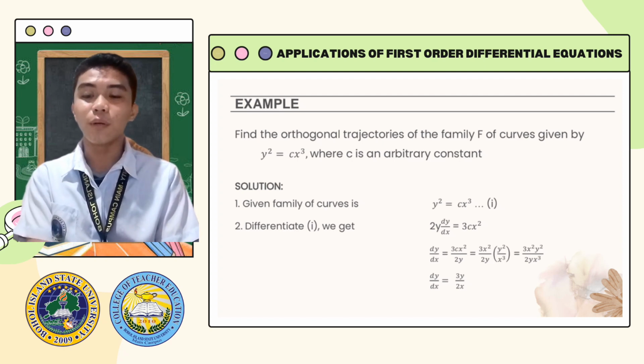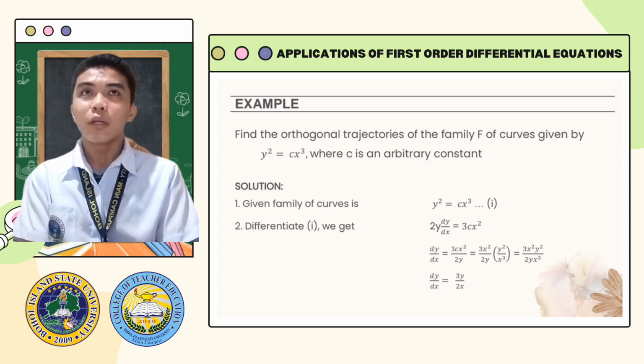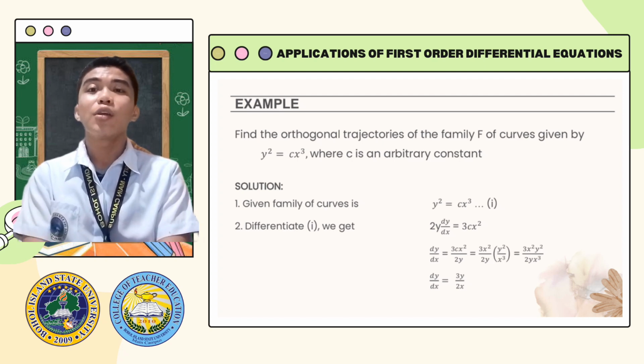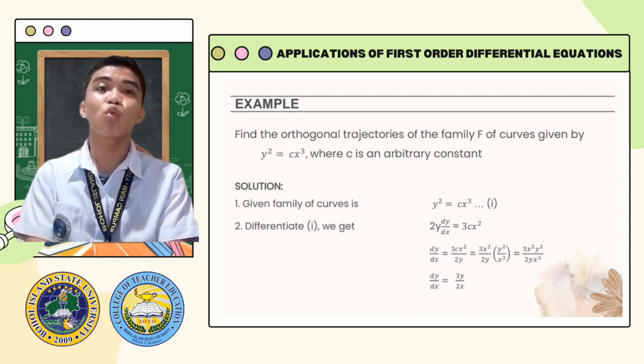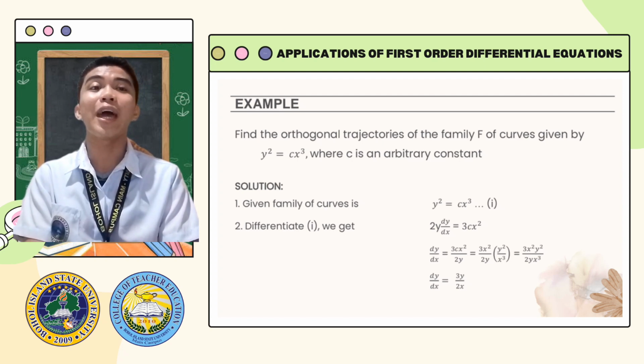Since we are going to eliminate c here because we are looking for the orthogonal trajectory, we will find the value of c. How to find the value of c? Just simply solve for c in the equation y squared equals c x cubed by dividing both sides of the equation by x cubed.